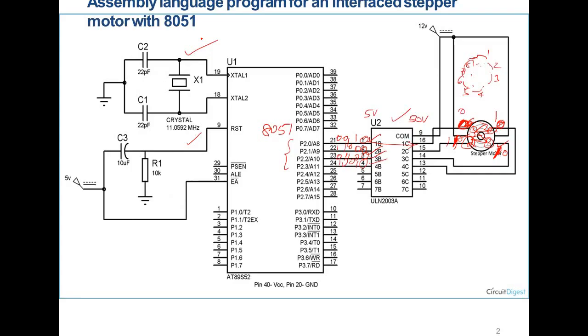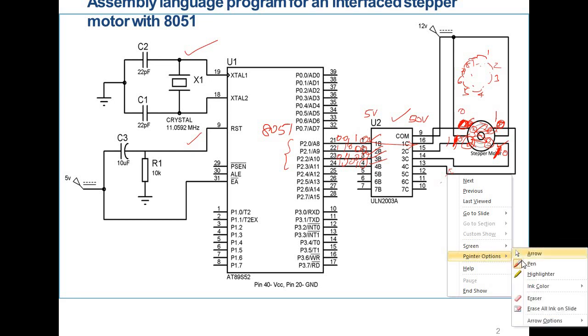In this case, we are having only 4 line connection, that's 4 pins are connected, but we cannot send 9 alone.